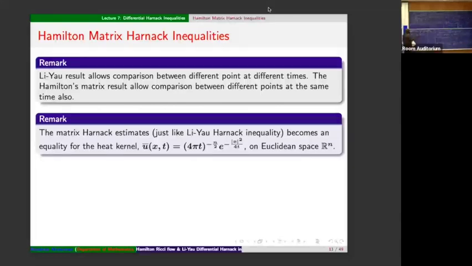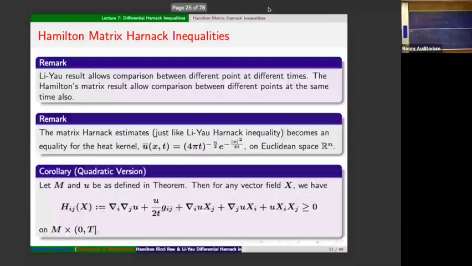On the heat kernel, if you are on Rn, Euclidean, and you have your heat kernel, all these become equality. And the quadratic function of the Hamilton matrix Harnack inequality also gives this, with any vector field X. So that's a corollary from that. Good.